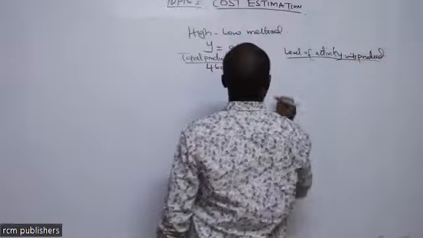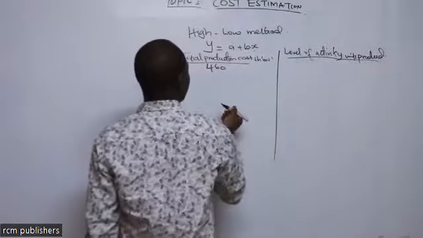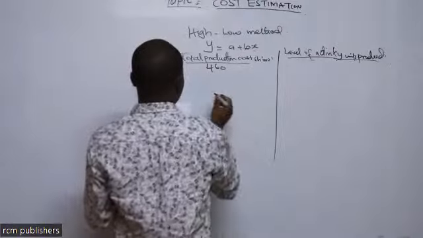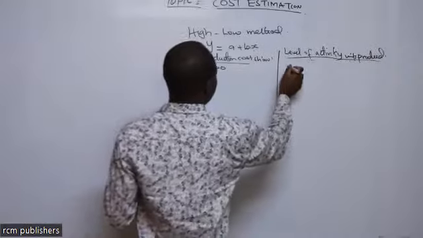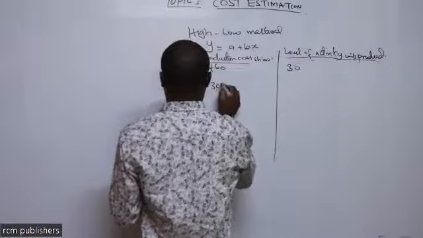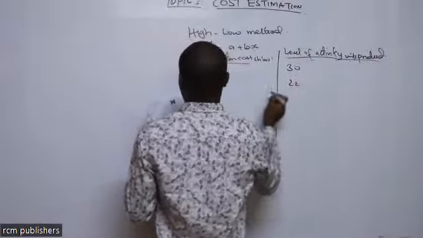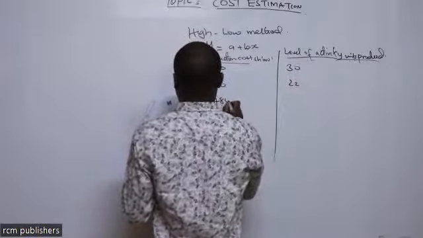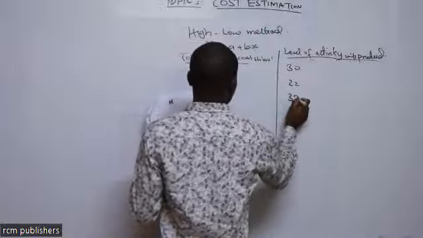So that is what we have there. Of course, there are only those 2 columns. So the first one is 460 against 30. We have 300 against 22. We have 480 against 33.